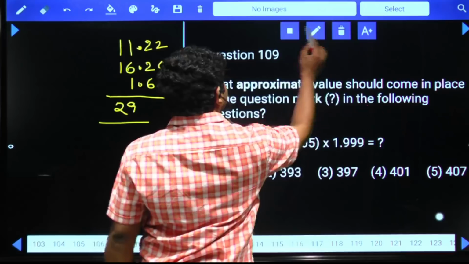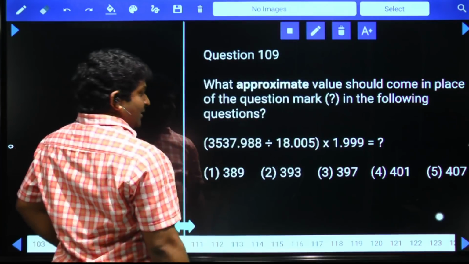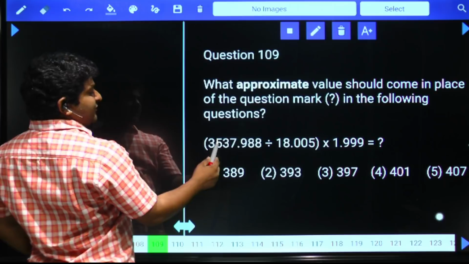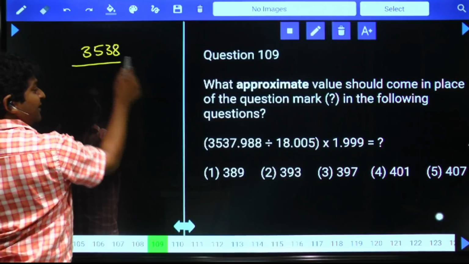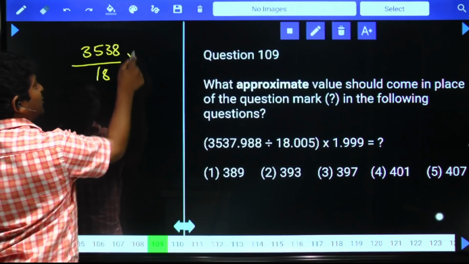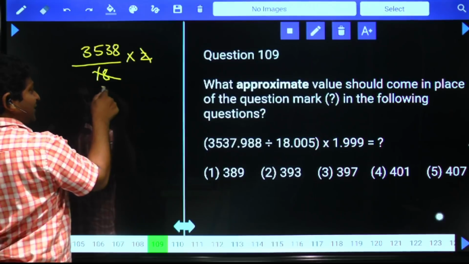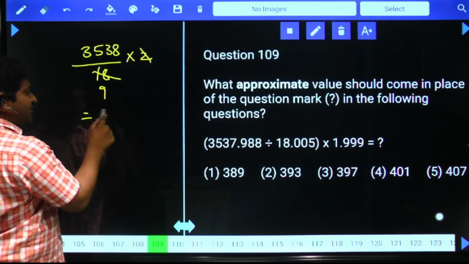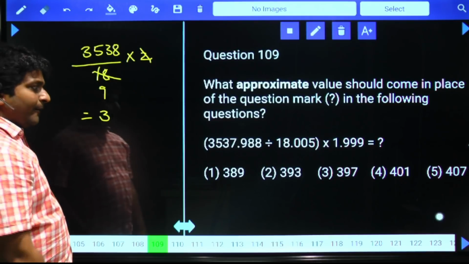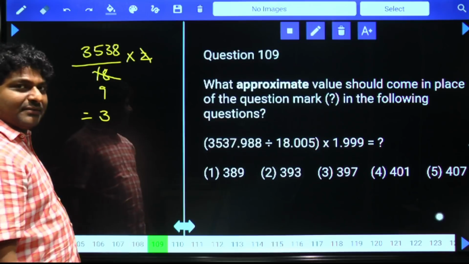Next. Here, 3,538 divided by 18 into 2. 2 how many times? 9 times. 9, 3 is 27. All the options are nearby that.